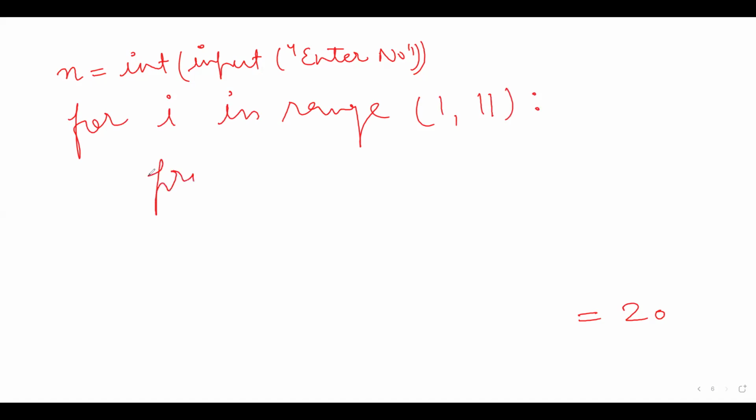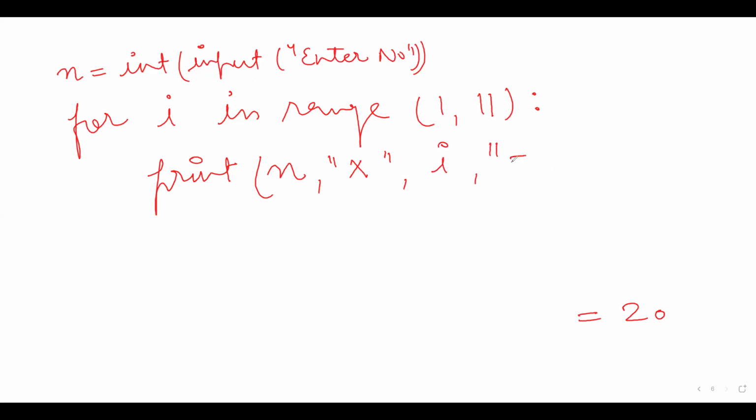What do I need to print? First of all, I want to print the number. So the number is in n. I'm writing n. Then I want the multiplication sign. The star sign is a character, so I'm giving it in inverted commas. Then I want to print the values 1, 2, 3. So which variable is receiving 1, 2, 3? This i variable, because it is the loop variable.